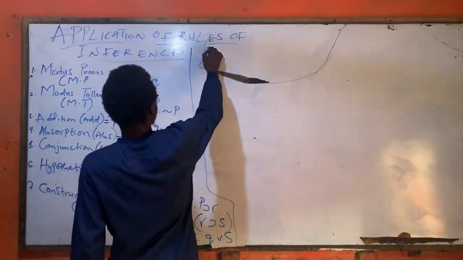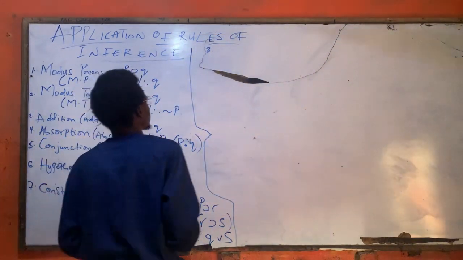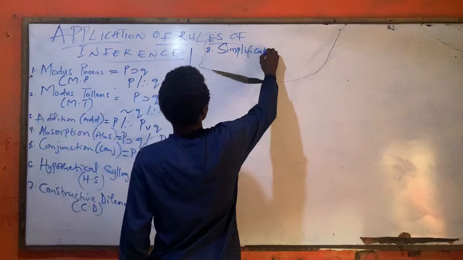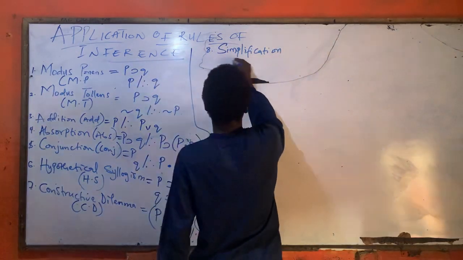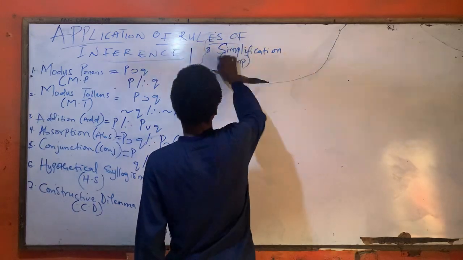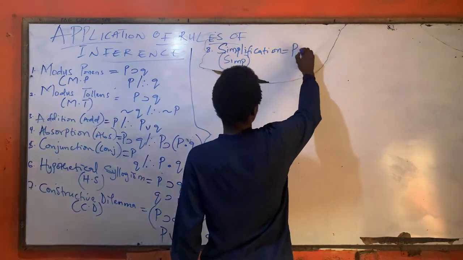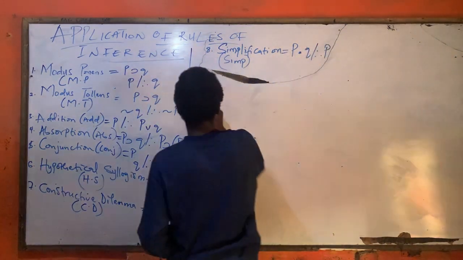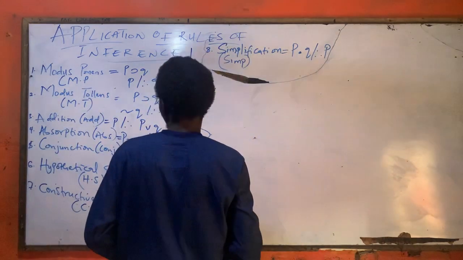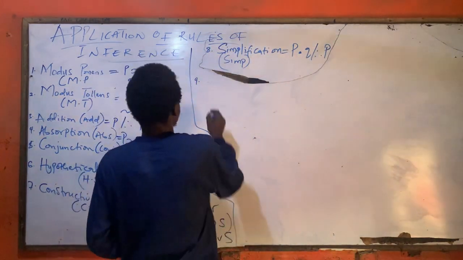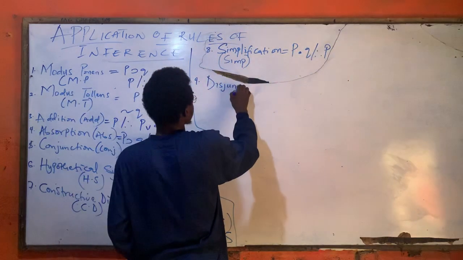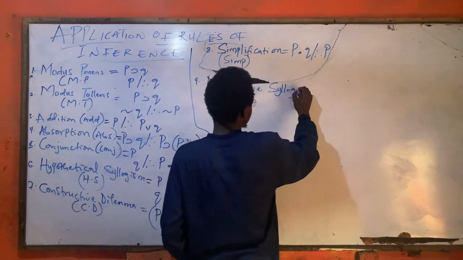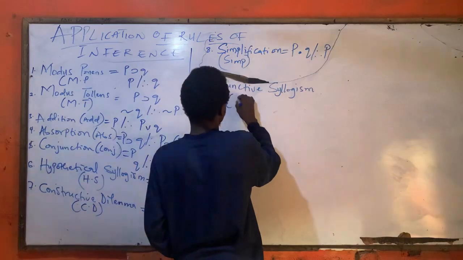So rule 8, we have simplification. That one is SIMP. P and Q, therefore P. The last rule is disjunctive syllogism, that is DS.